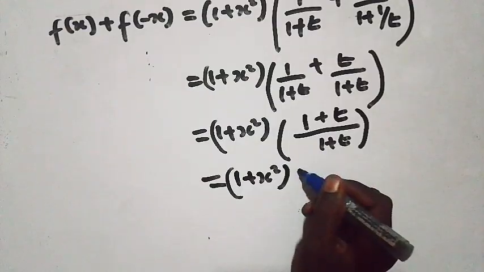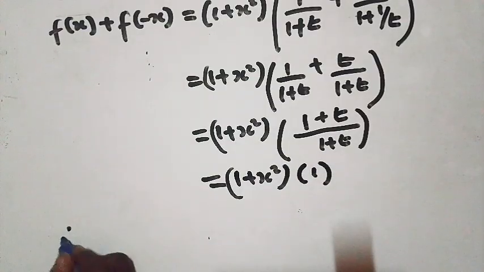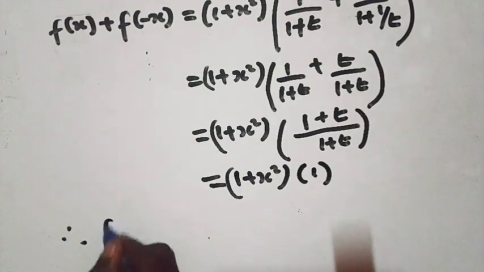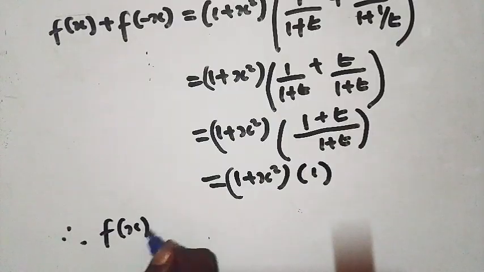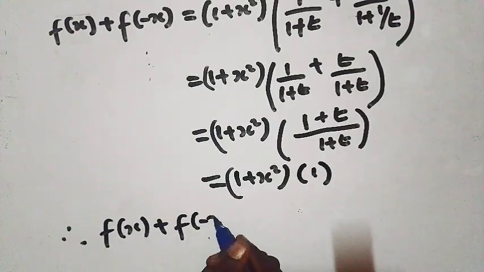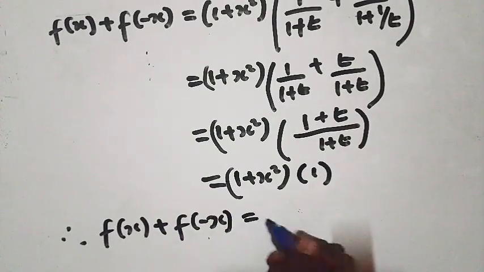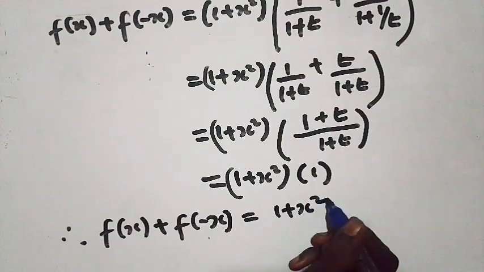This will result as 1. Therefore, f of x plus f of minus x equals 1 plus x squared.